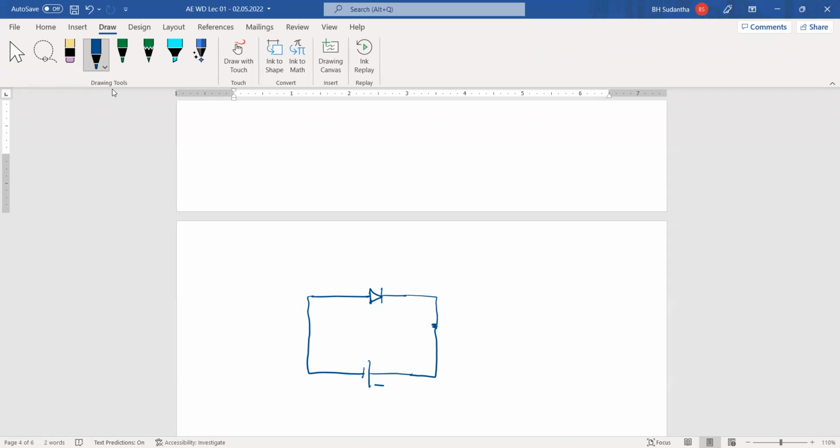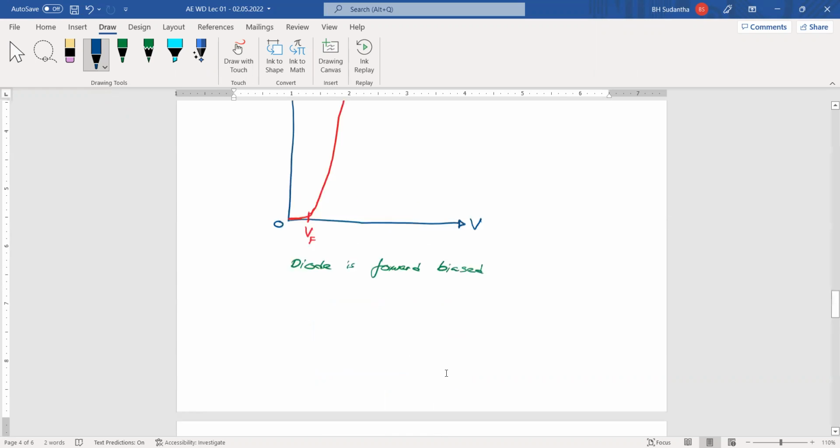This is the positive side of the battery, this is the negative side of the battery. This is the positive side of the diode, the negative side of the diode. Then we can increase the voltage. This time also we take a variable voltage source, and you can change the voltage value here. Now you can observe what will happen.